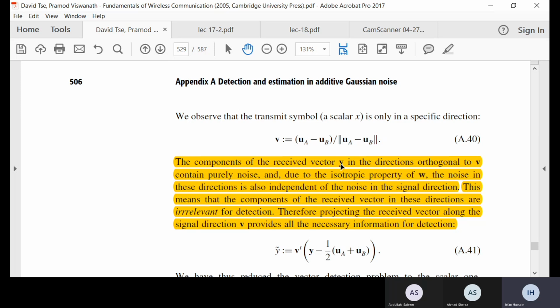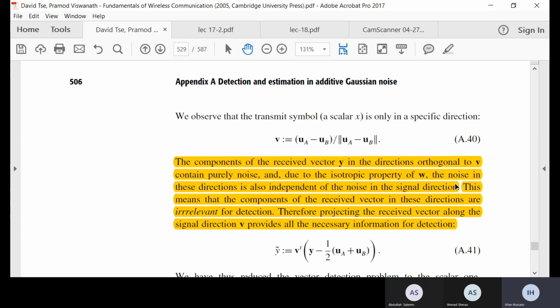Let us try to go further. Now Y is a vector, the received signal. It has different directions. Some directions are orthogonal to V, and those directions contain only pure noise. We know noise is Gaussian, circular, symmetric. If it is real, it is a real Gaussian random variable; if it is complex, then it is circular symmetric.